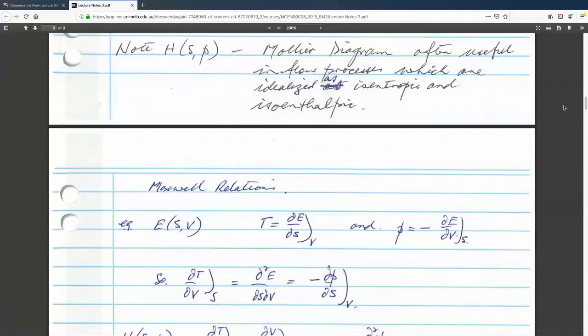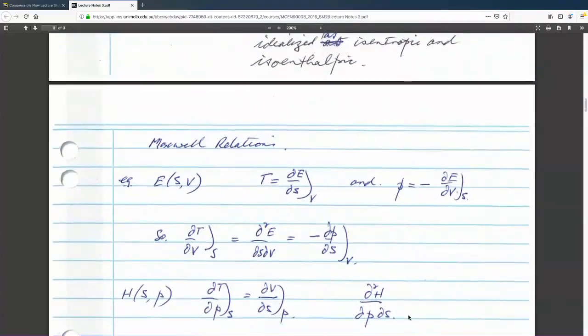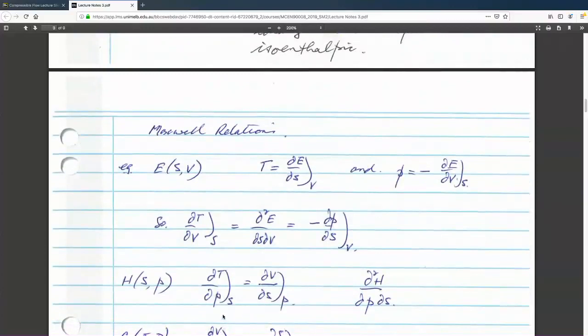If I do exactly the same thing for H of S and P, I get dT/dP at fixed S is dV/dS at fixed P, because the second derivative of H with respect to P and S is the same for both of those.